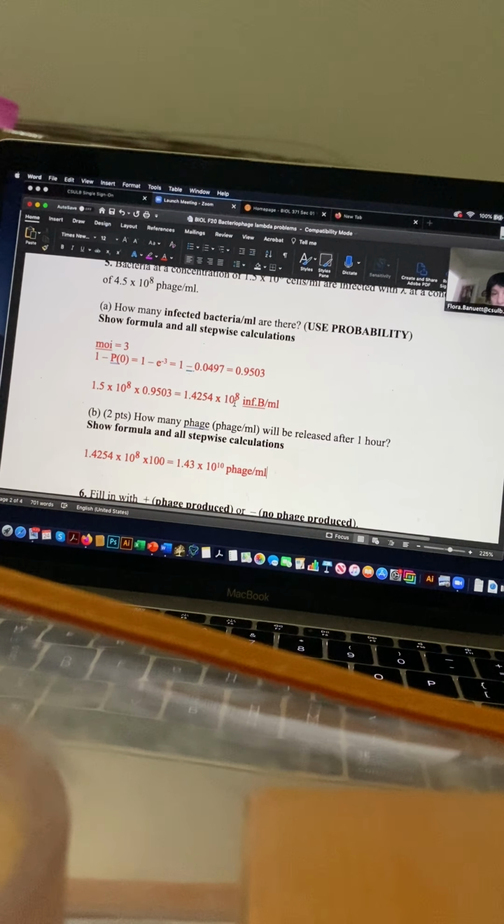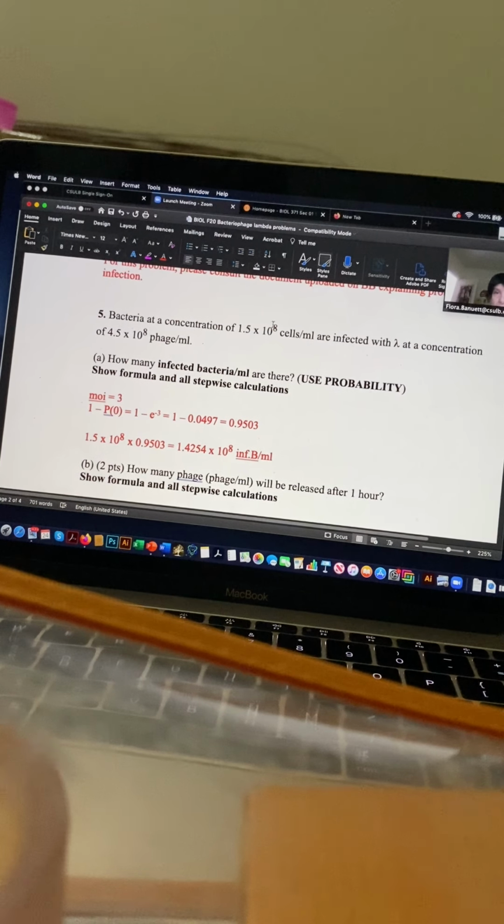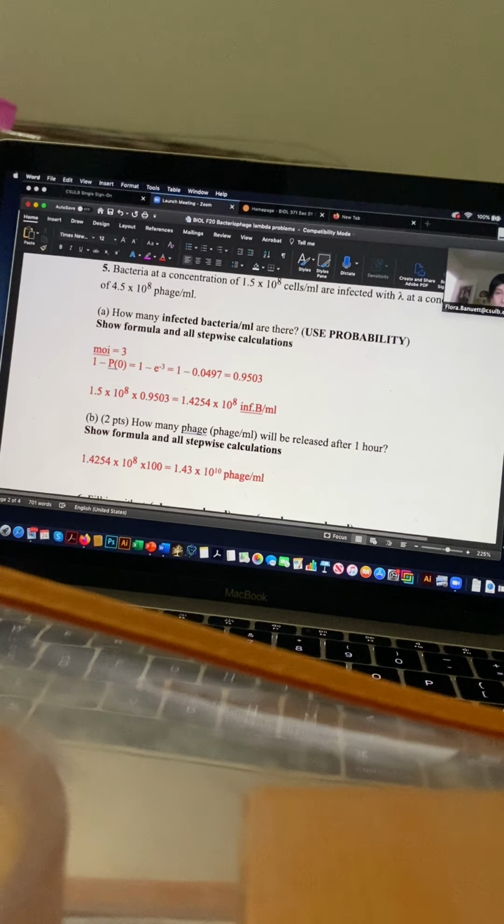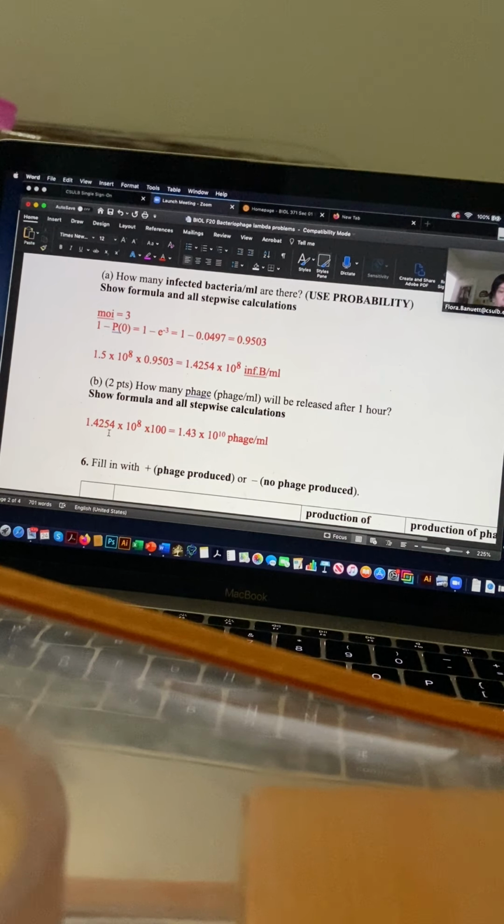So it's not 100%, it's 95. So it's going to be less than the initial number, but very close to it. And how many phage are released? The burst size is 100 times the number of infected bacteria. Is that clear?